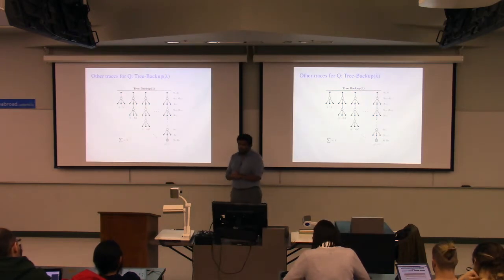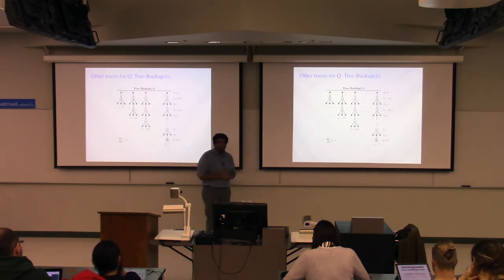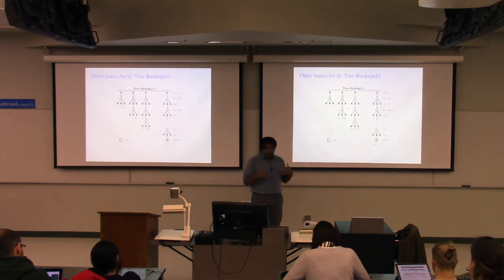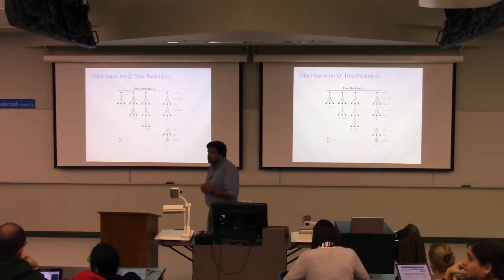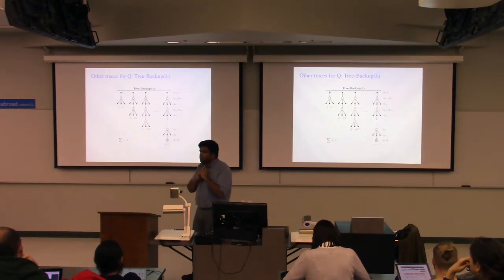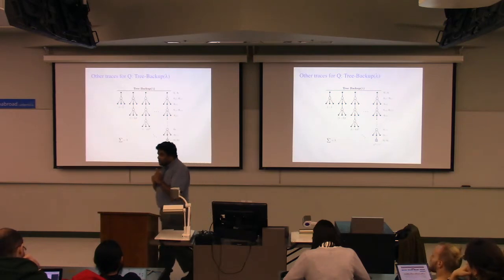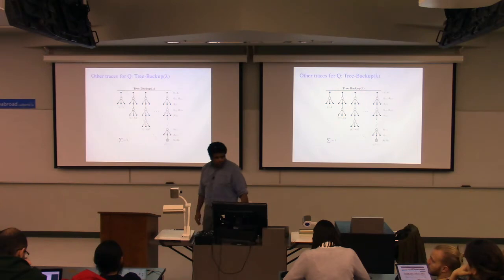So if the behavior policy isn't close to greedy, it's not going to learn a good control policy. And if we have a max, like in Q-learning, we still don't have importance sampling.